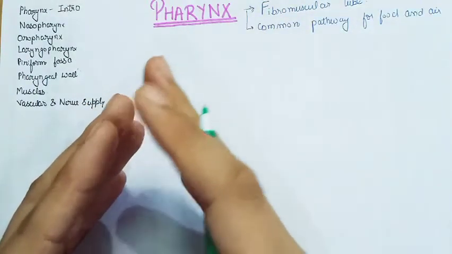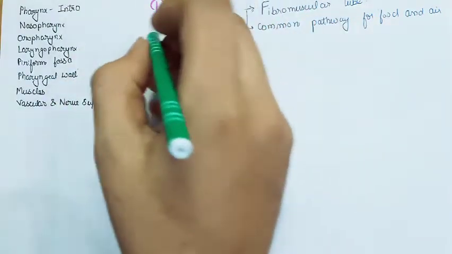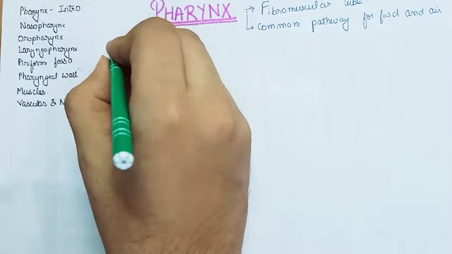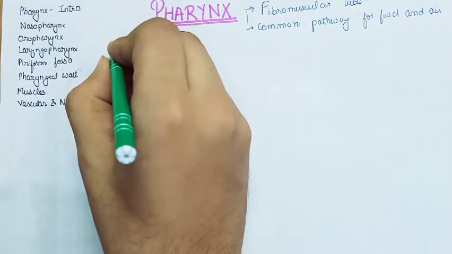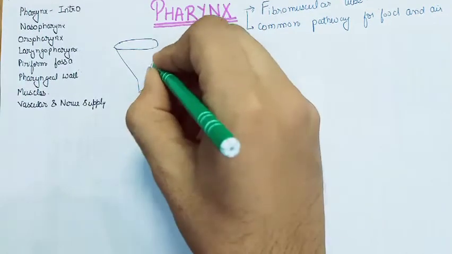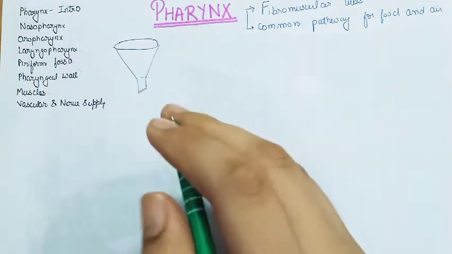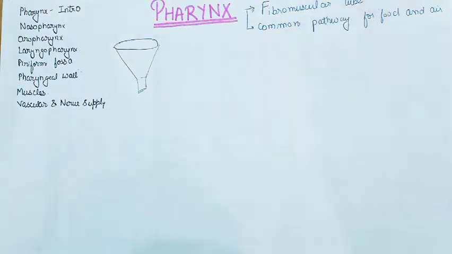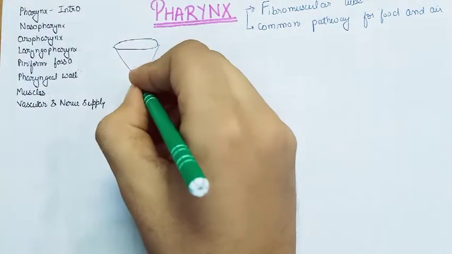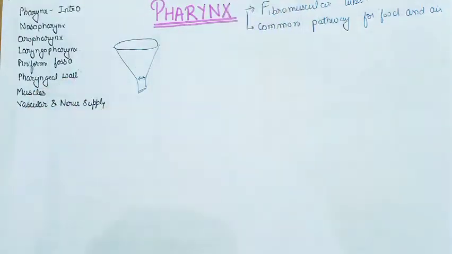If you talk about the shape of the pharynx, it's actually a funnel shape. A funnel has a base and a narrow end. You can see the constriction here. I will tell you when we talk about the measurements where this constriction is actually present in the pharynx.